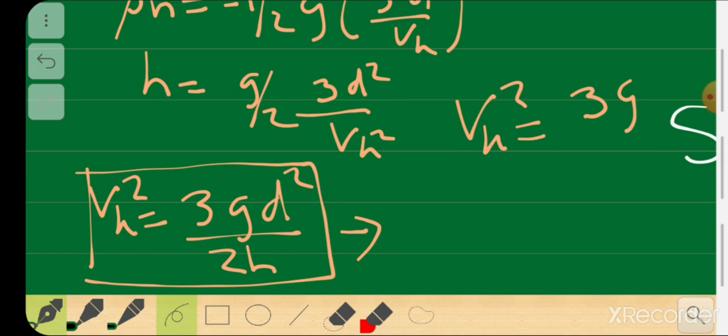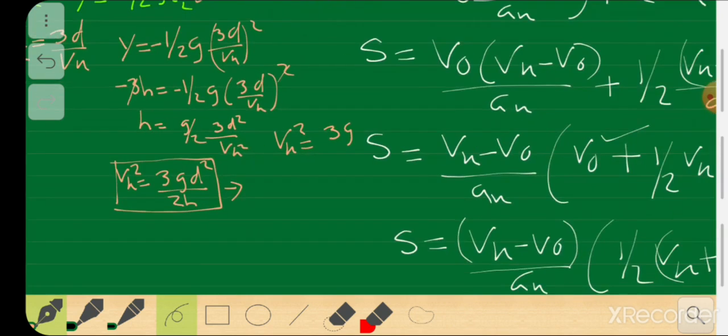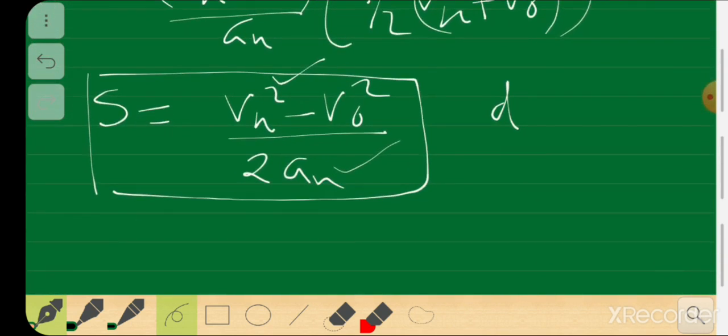We found out vx, right? Now let's substitute that back into the equation where vx was there. What we got troubled by was that we don't know ax.